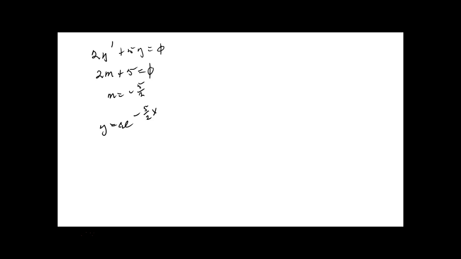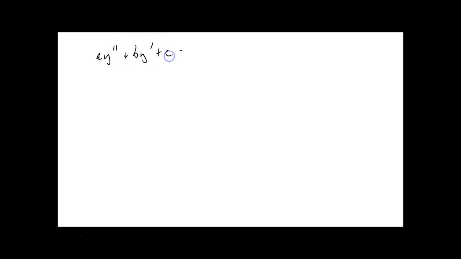Now they're going to start giving names to some things here. So let's start with, and frankly, hopefully this seems pretty easy, because it is pretty easy stuff. Let's say we have this. Go back to letters again. ay double prime plus by prime plus cy is equal to 0. We're doing homogeneous forms. Okay? Let y equal e to the mx.